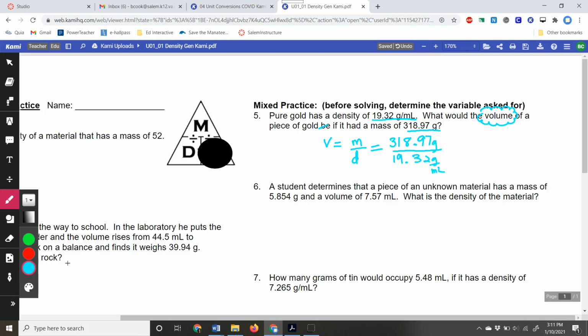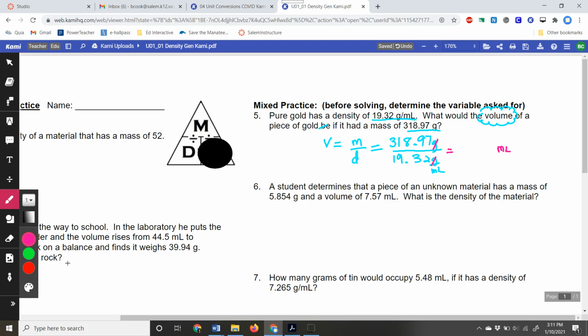Notice I wrote it in fraction form as opposed to a linear form as you would if you were typing it. The reason I like to write it like this is I want you to notice what happens to your units when we cancel them out. When you have division, the grams in the top cancel with the grams in the bottom, and then you have the unit milliliters left. That's convenient because if I'm solving for volume, volume should come out in milliliters.